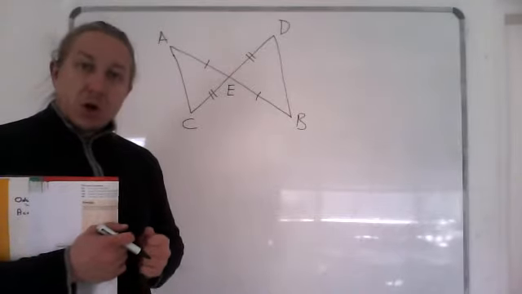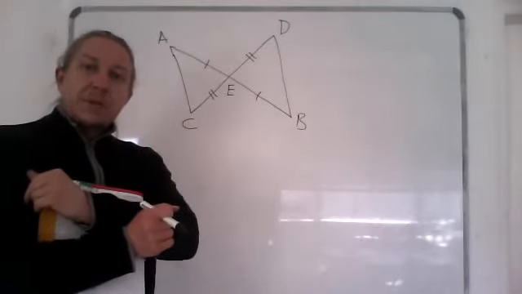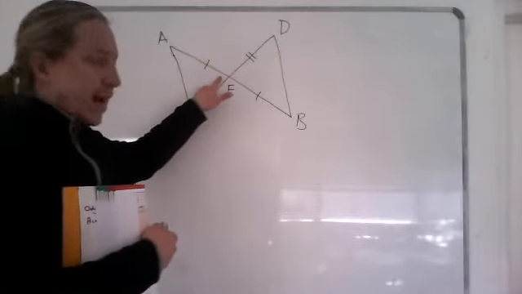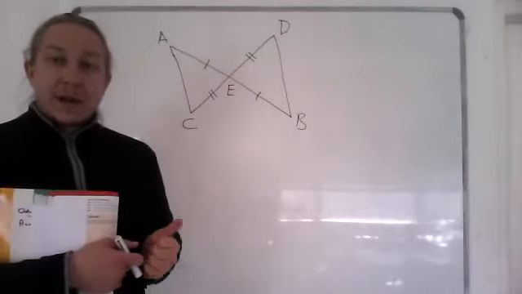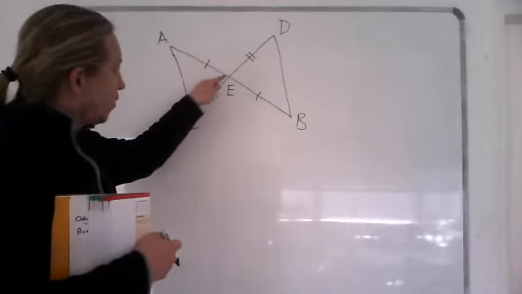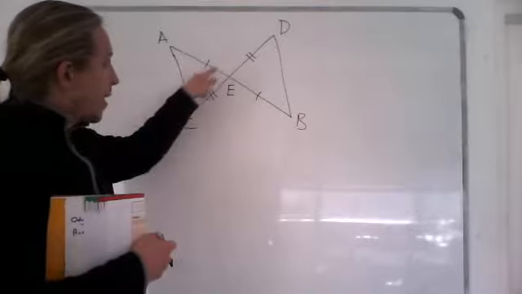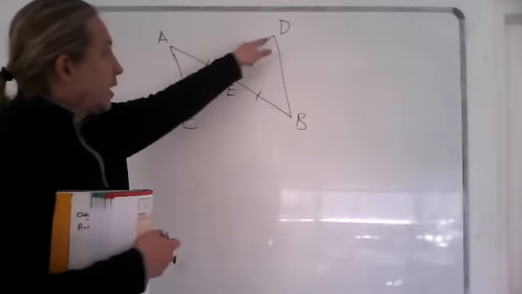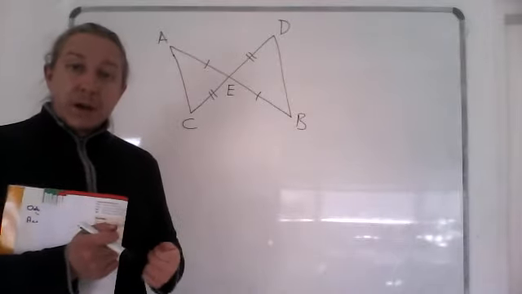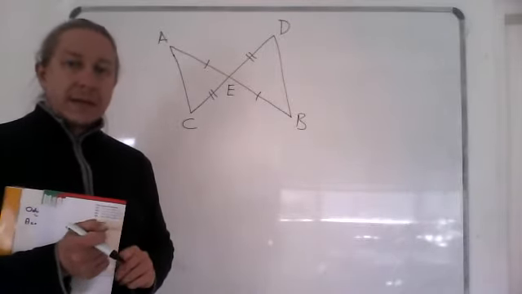Yes, I can, because remember, vertically opposite angles are equal. So this angle equals that angle, and that creates my condition for congruency because I have a side, included angle, and another side. And I can match those 3 things up exactly to those three things in the other triangle, hence proving that the two triangles are exactly the same.